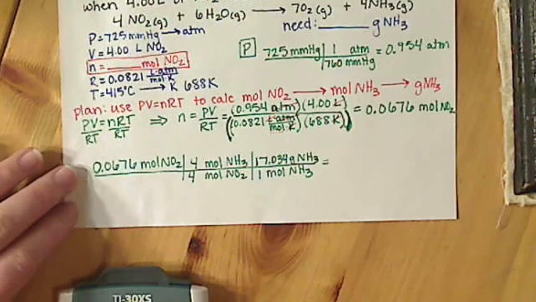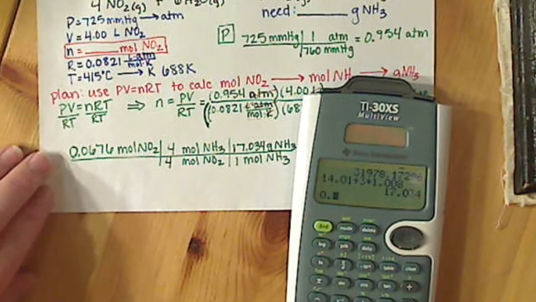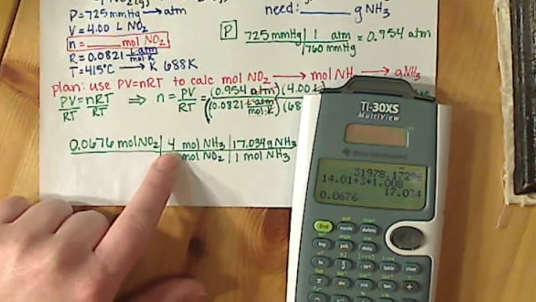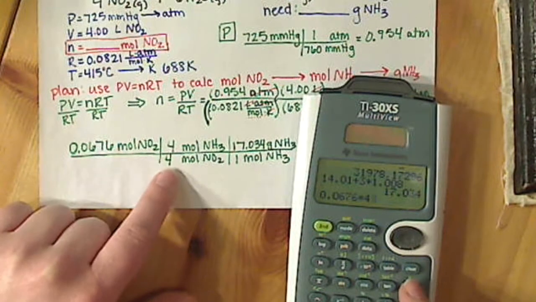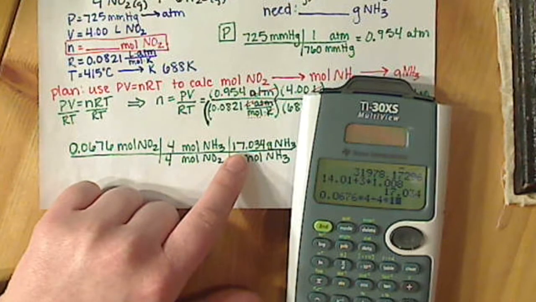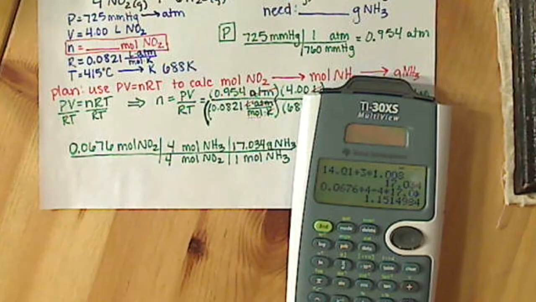So we can plug this into our calculator. We have 0.0676 times 4 divided by 4, which is the same, just plugging it in to show you, times 17.034. I get 1.1514984.